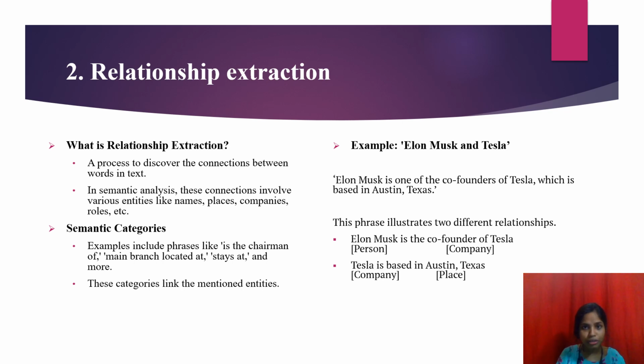Relationship extraction helps us to make these connections and understand how things relate in a sentence. It's like being a language detective, uncovering the who, what, and where in the story.